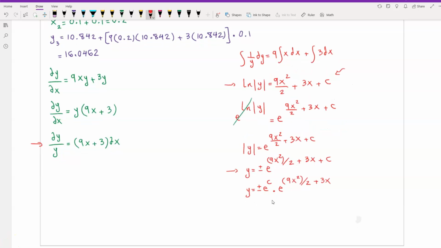So rewriting this part, here we have y equal to negative positive e power c times e power 9x squared divided by 2 plus 3x.